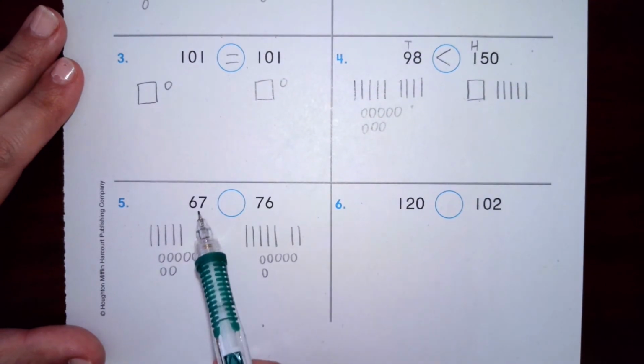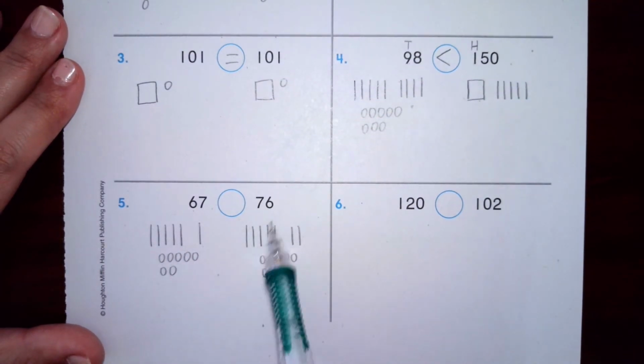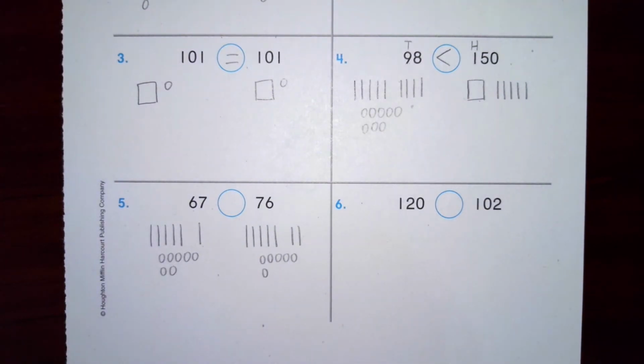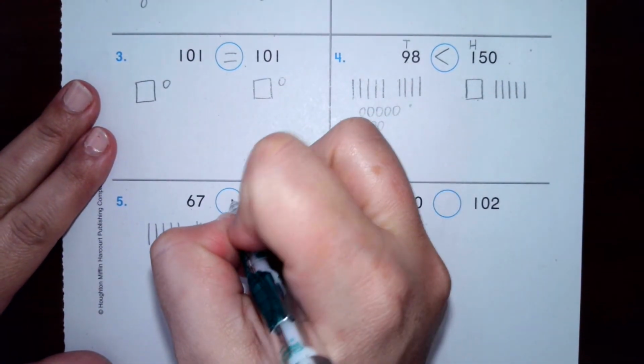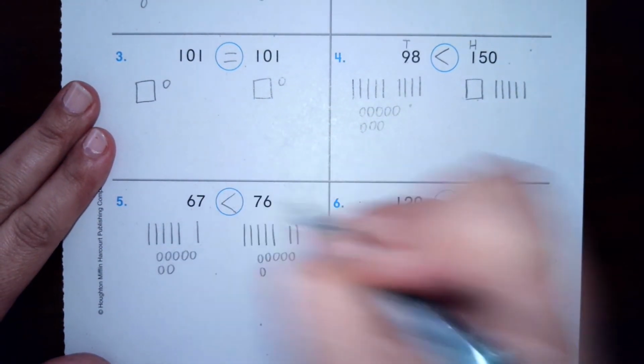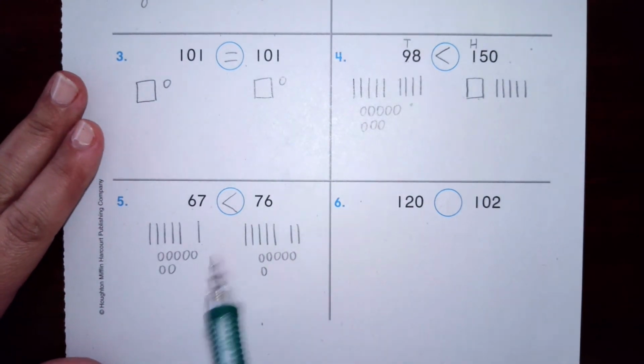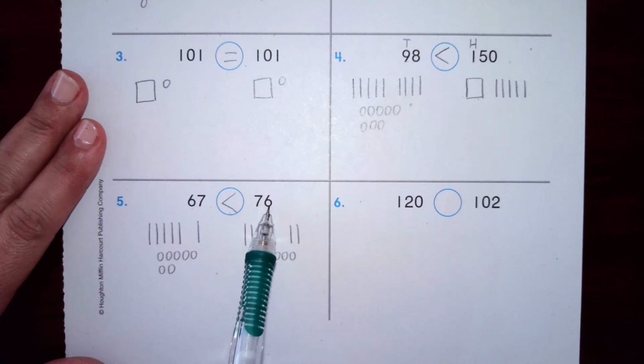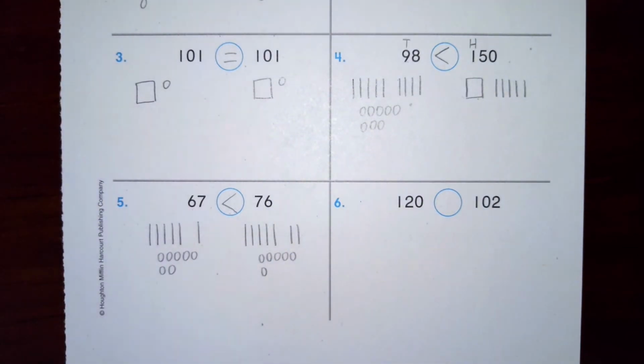So I have 6 tens and 7 tens. Which one is bigger? The value of 6 tens, which is 60, or the value of 7 tens, which is 70? Did you say 70? I hope so. All right, so 76 is the greater one. So this would read 67 is less than 76. Is that true? You bet.